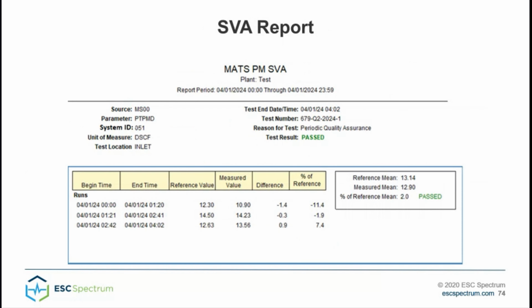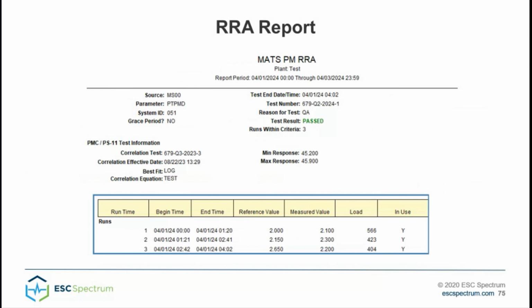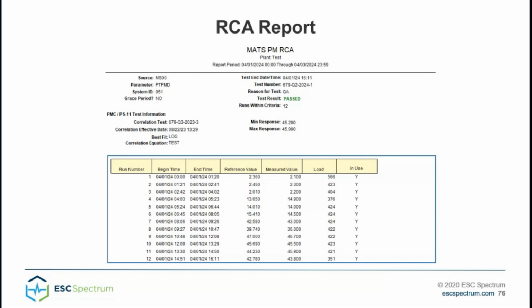And SVA, RRA, RCA. And there's a note here that says a warning will display if a correlation test is not associated with the RCA now.